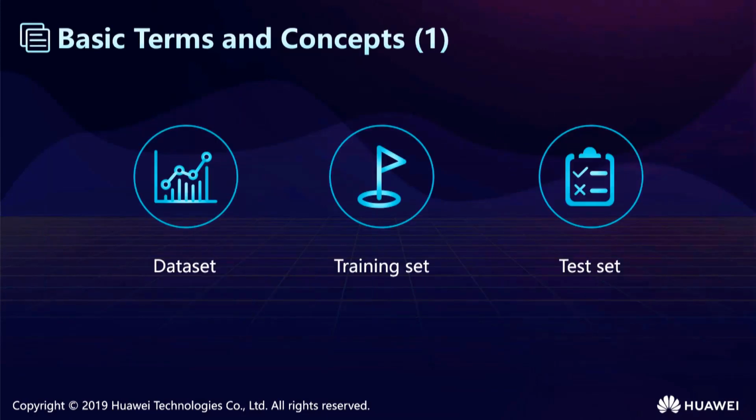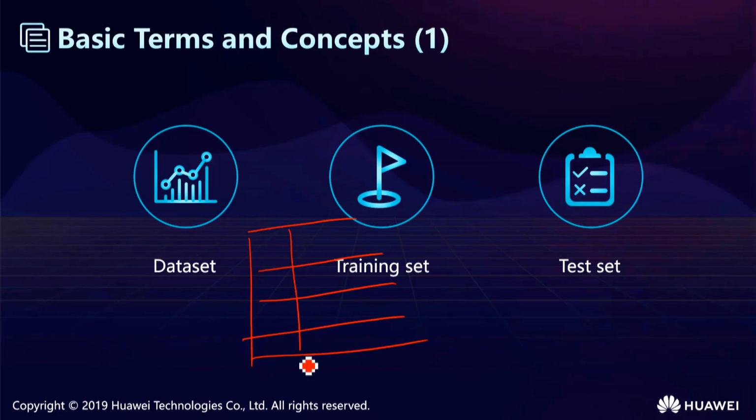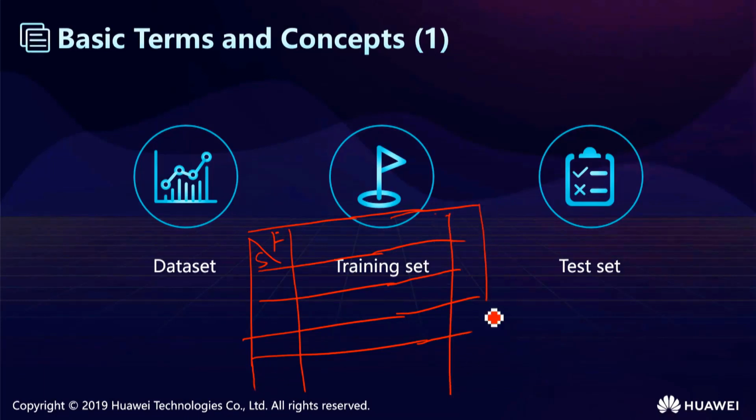The data set is what we use to finish the task. The data set includes samples and features. Each sample has a group of features. We may have many samples. This is our sample, and these are the features. These features are the factors, and the last column is the result label.